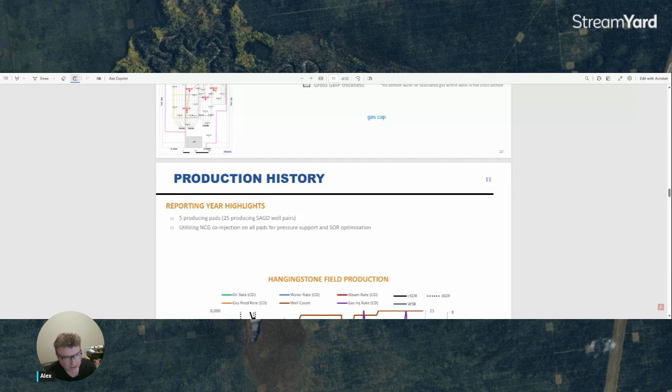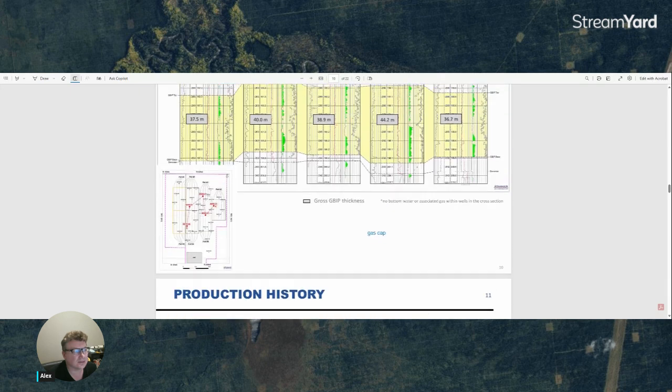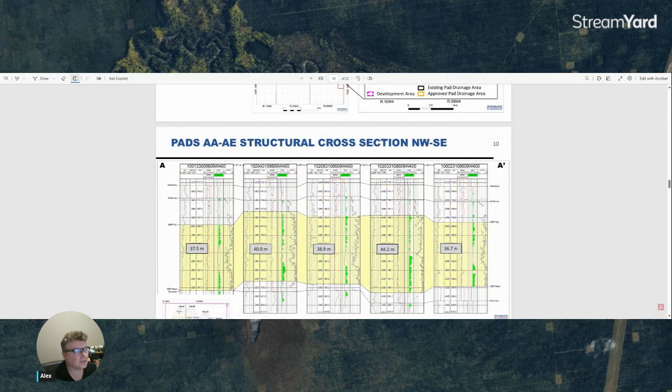That's basically the layer between the steam chamber, the oil zone and the gas zone. For example, in this case, if we would draw the gas zone, it will be kind of here.